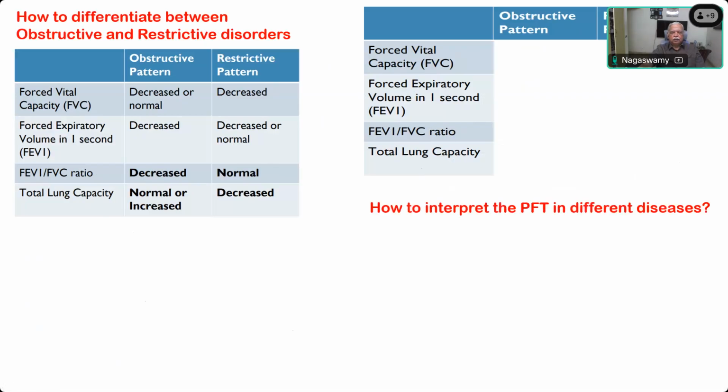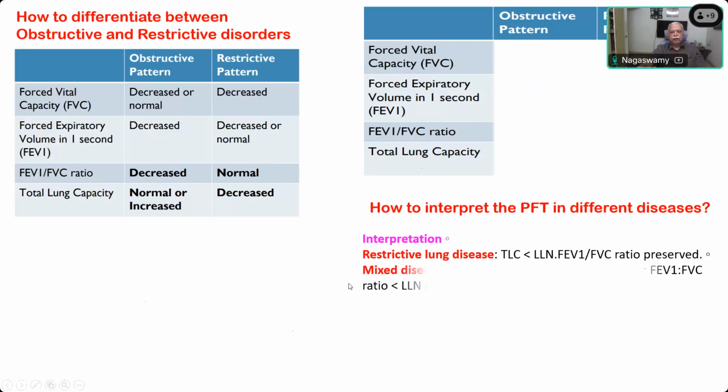So how to interpret the PFT in different diseases? These are all the common terminology. It can be restrictive lung disease, where, as I told you, TLC is less than the lower limit of normal, and FEV1 to FVC ratio is preserved or normal.